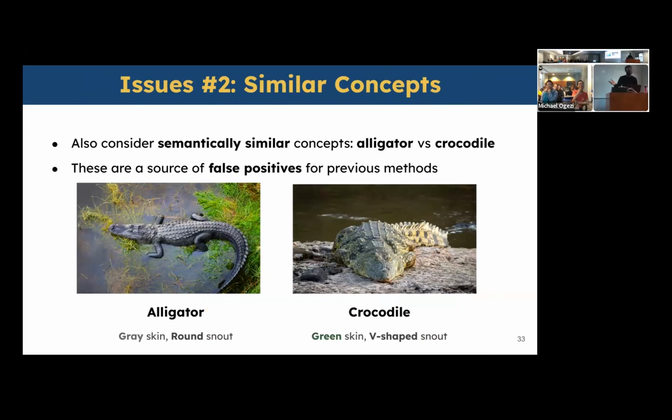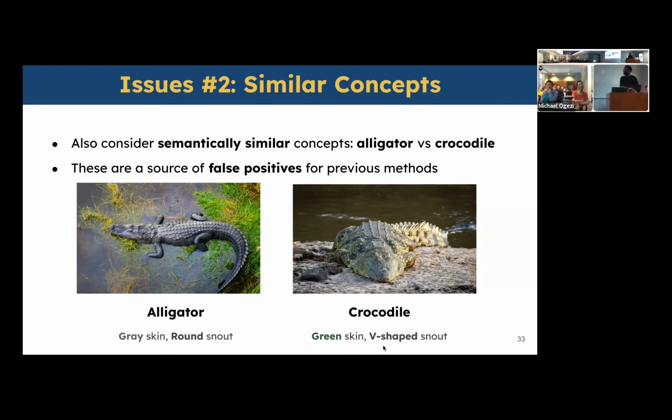So I'm going to speak about another set of issues and talk about how we fix them. We also have the problem of semantically similar concepts. We have the example of an alligator and a crocodile. Until very recently, I didn't know the difference between them, but I'm going to tell you guys. An alligator has gray skin and a round snout, and a crocodile is green and has a V-shaped snout.